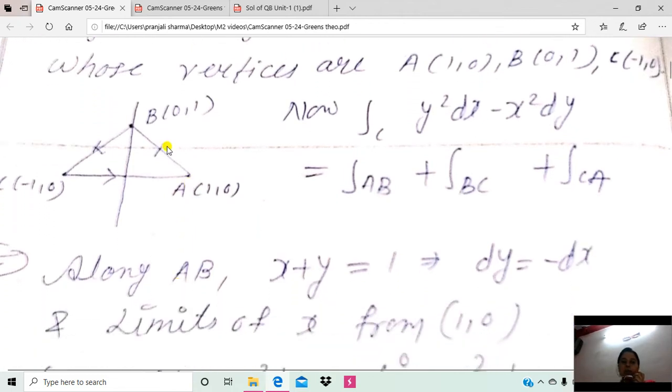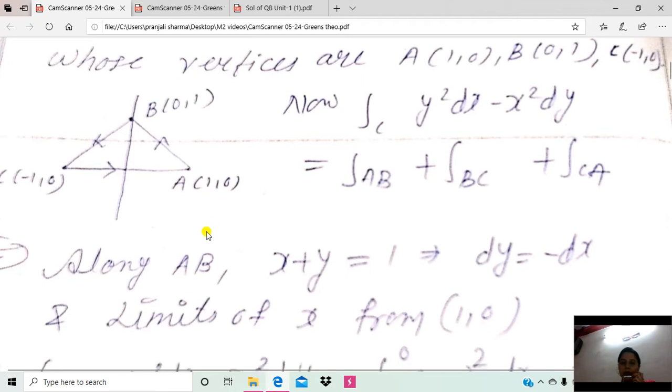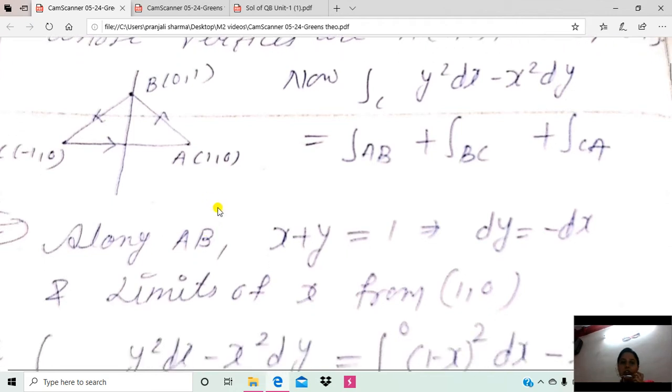So along AB, this is the line AB. It is a line joining the point 1 0 and 0 1, and when we find its equation using geometry, the equation of the line joining point 1 0 to 0 1 will be x plus y is equal to 1. So the equation of AB will be x plus y is equal to 1.